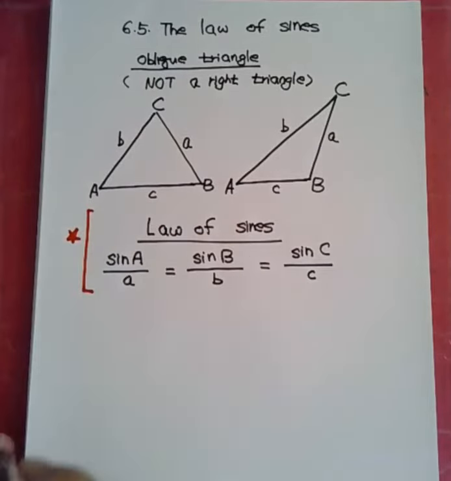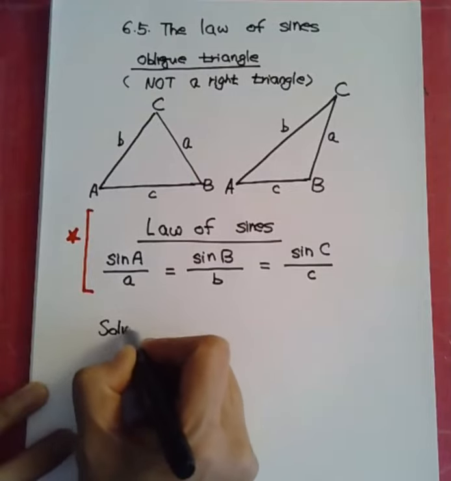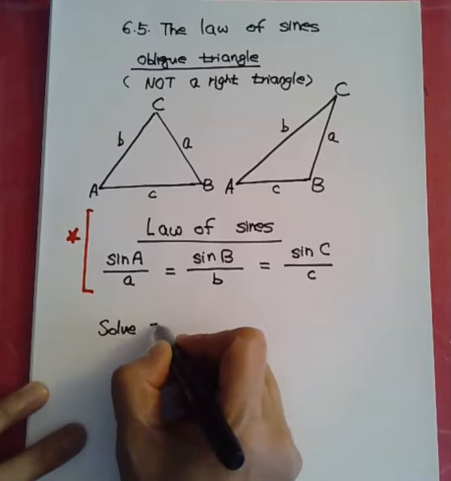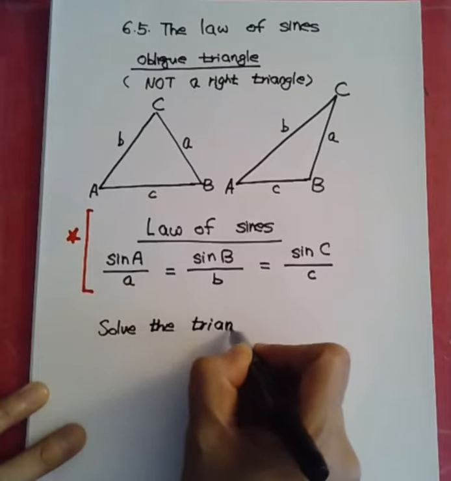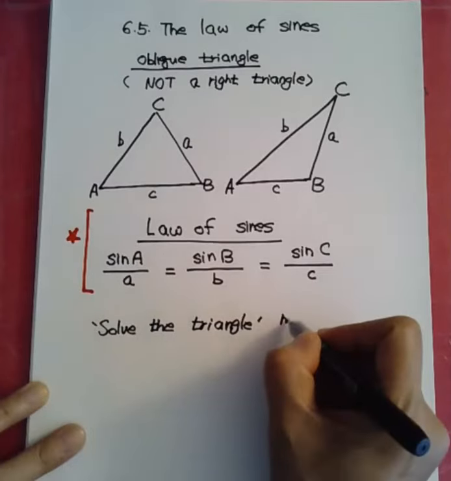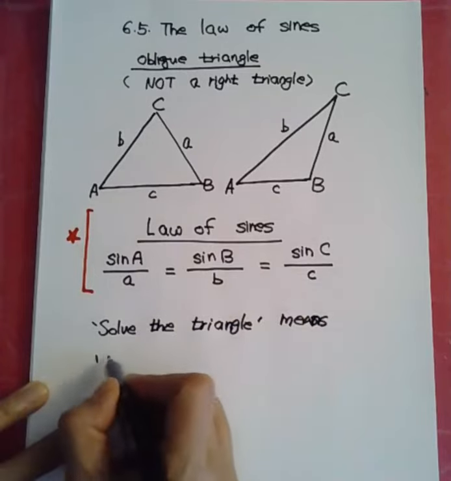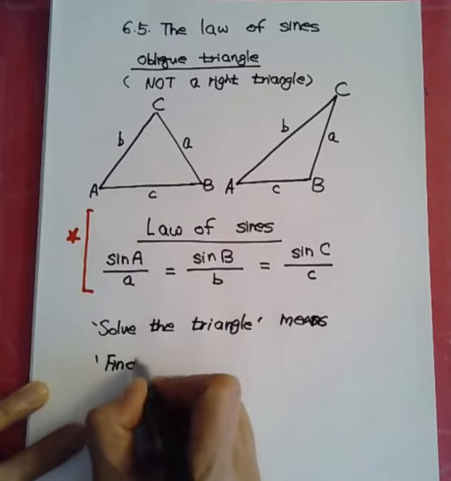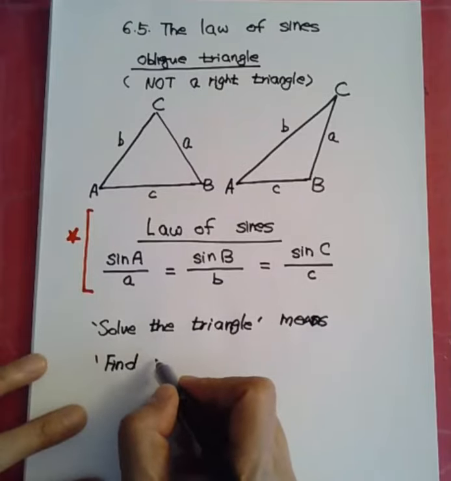We use the law of sines to solve the triangle. When we say we solve the triangle, that means we find the missing side and angles.